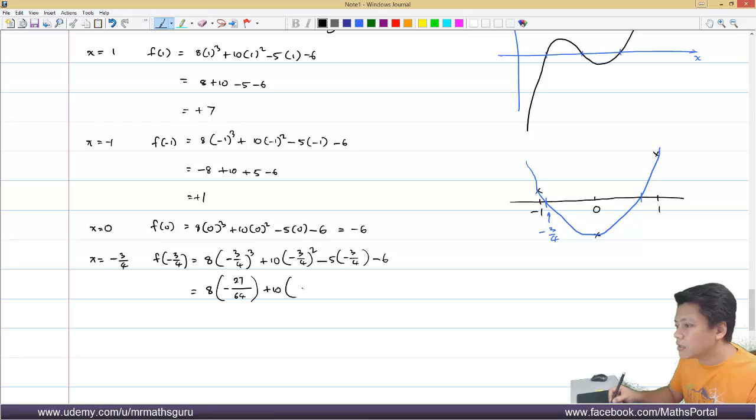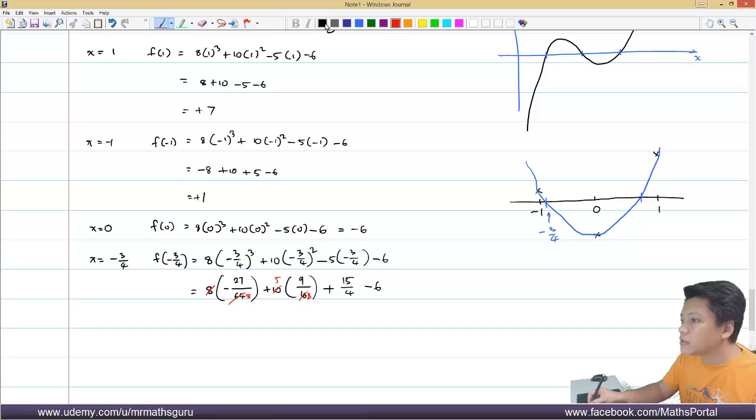Plus 10. This becomes plus now 9 over 16. And this is plus now plus 15 over 4 minus 6. Okay. This 8 and 64 equal to 8, and this 16 and 10, 5, 8.